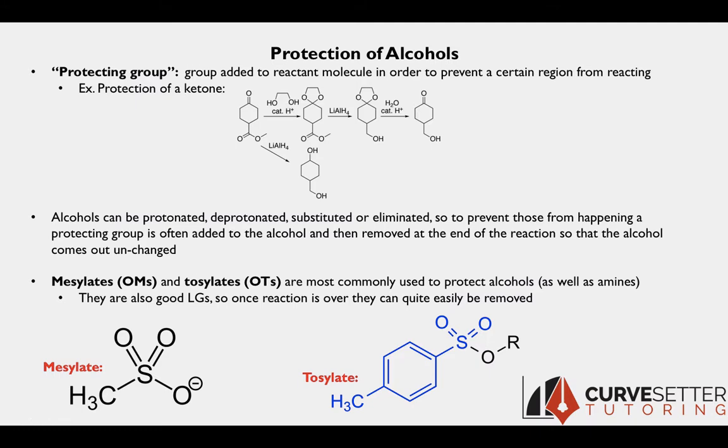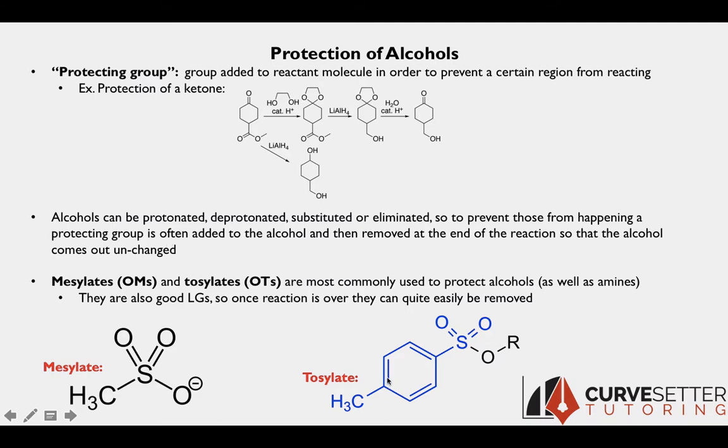That's because alcohols can be protonated, deprotonated, substituted, eliminated, and oxidized. And so in order to prevent those things from happening to an alcohol, you often want to add a protecting group to the oxygen of the hydroxyl group, then remove it at the end of the reaction so that you regenerate the alcohol at the end, so the alcohol comes out unchanged.